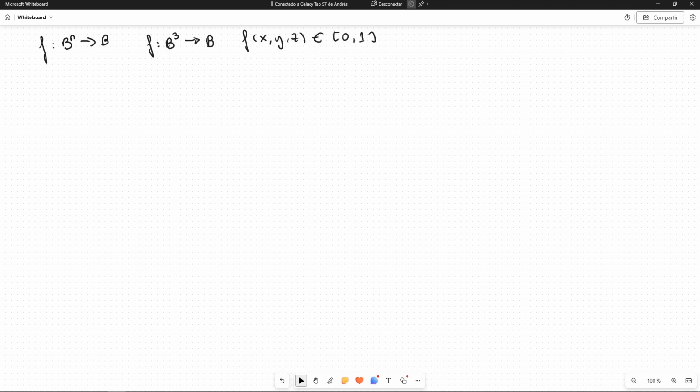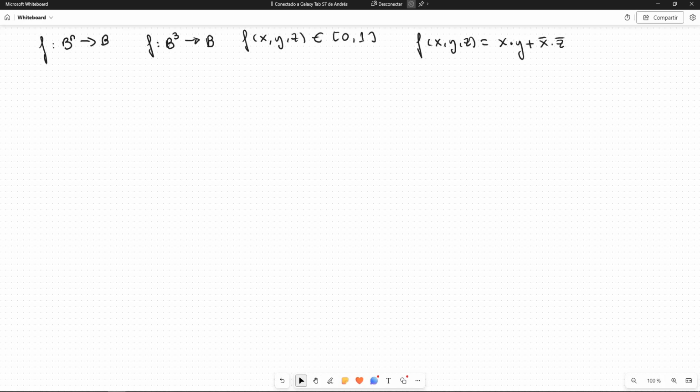So, for example, I can invent this function: x logic product y, logic sum, complemented x logic product complemented z.